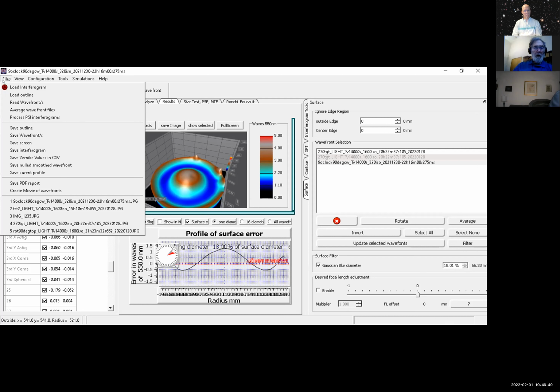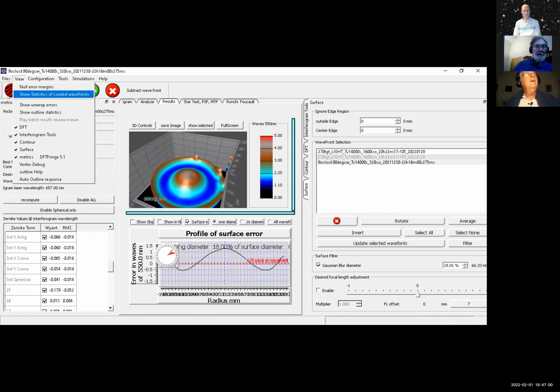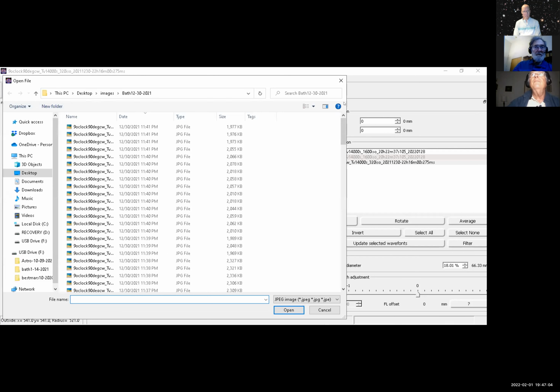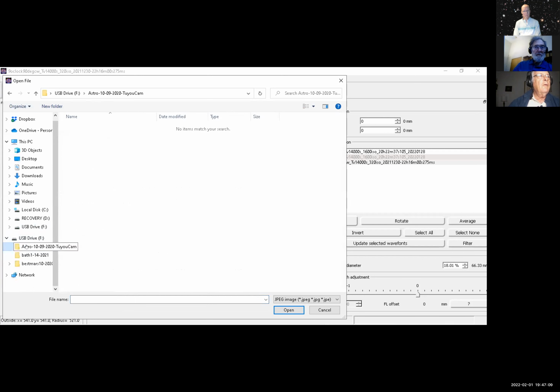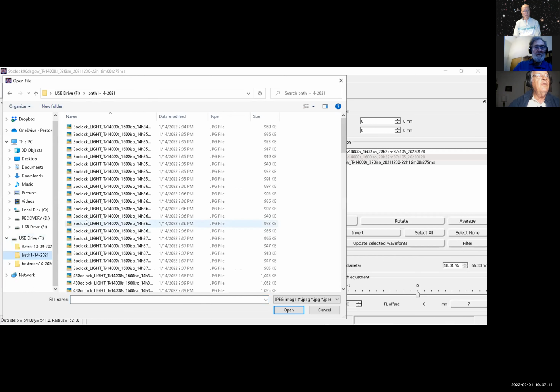So for better or for worse, it's whatever it is. Well, congratulations. Let's see if I can find something. Let's see here, open. Let's go to the USB. Oh, okay, USB drive 14.